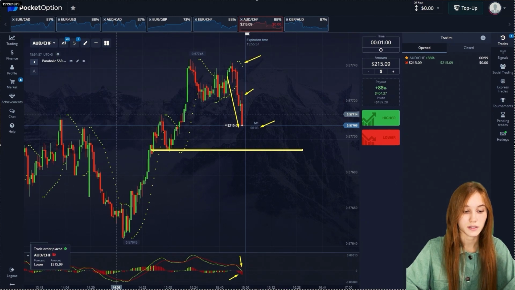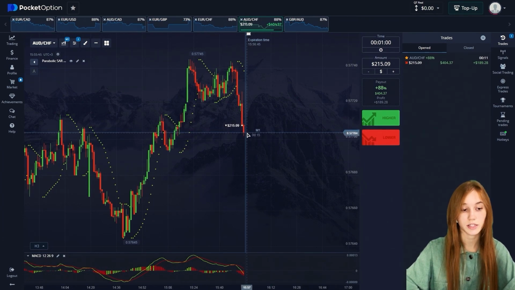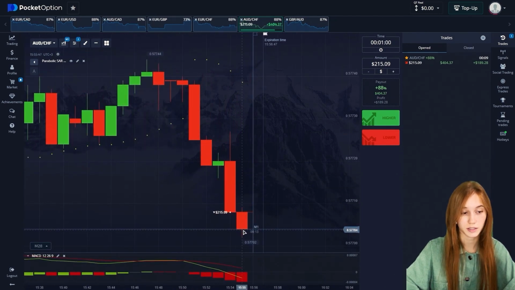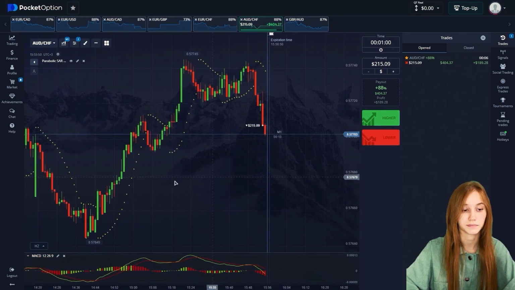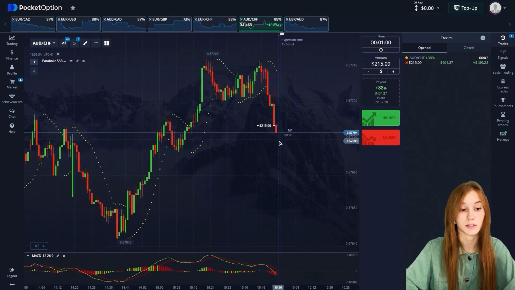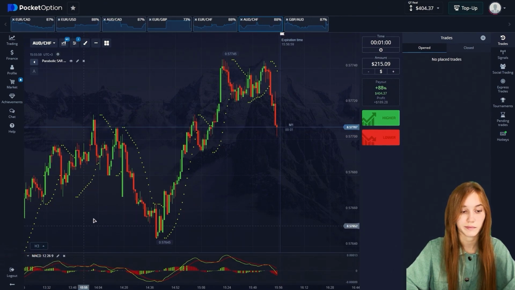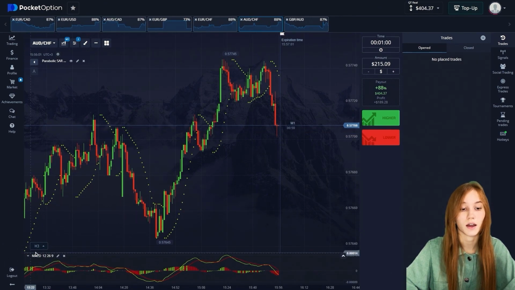So 14 seconds until the end. Decreasing continues. Lower position. Rollbacks will always be present. 2 seconds and great, the deal will close as a plus. I don't remember our profits, but we increase our balance.